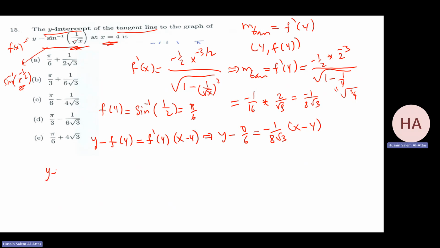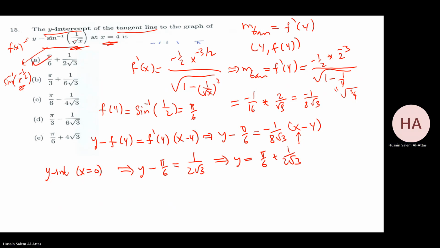Now to find the y-intercept, I need to make x equal 0. So I'm getting y minus pi/6 equals, with x equals 0, -2 times 1/(2√3). So the y-intercept would be pi/6 plus 1/(2√3), which is this one.